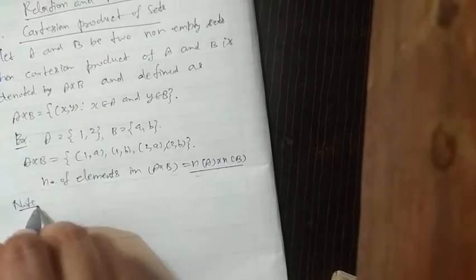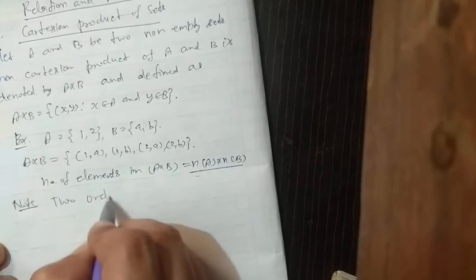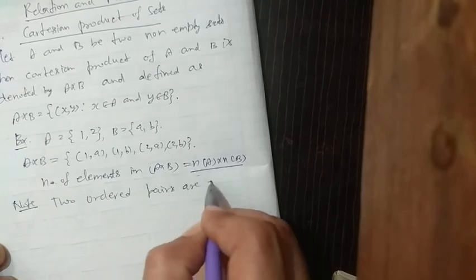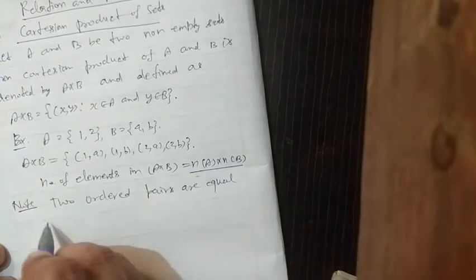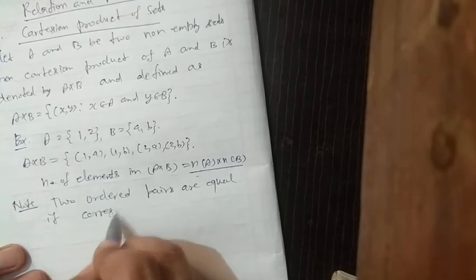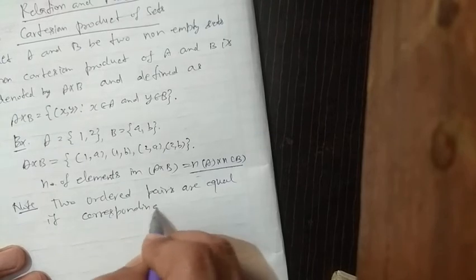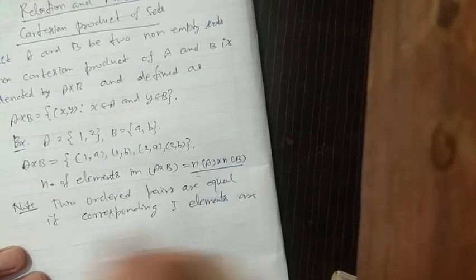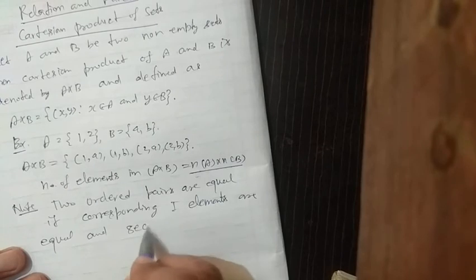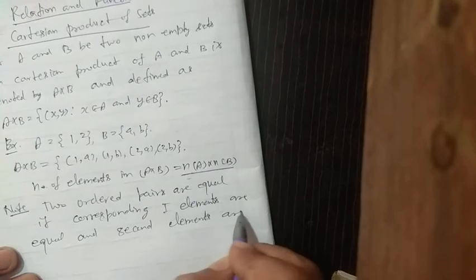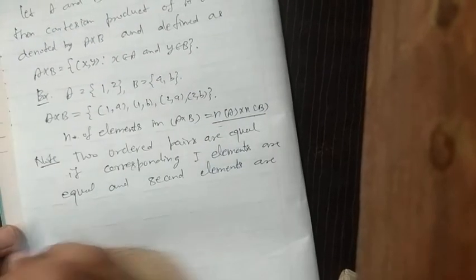Note: two ordered pairs are equal if corresponding first elements are equal and second elements are equal.